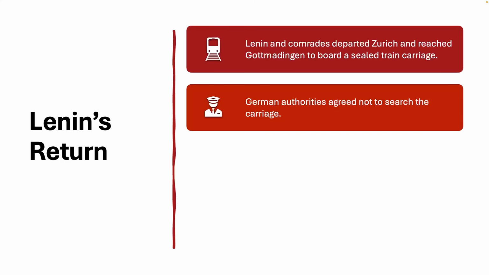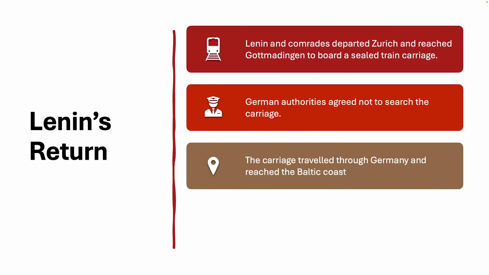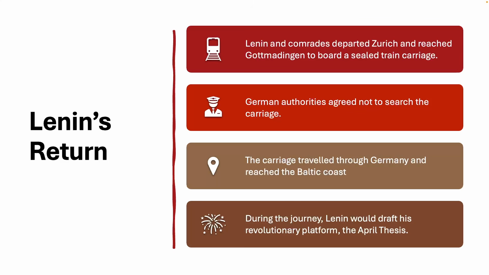German authorities agreed not to search the carriage or to disturb the journey at any point. It's all done covertly. The carriage would travel through Germany via Frankfurt and Berlin, reach Sassnitz near the Baltic coast, and then be ferried to Sweden before crossing through Finland and then entering Petrograd. Quite a long and arduous journey.